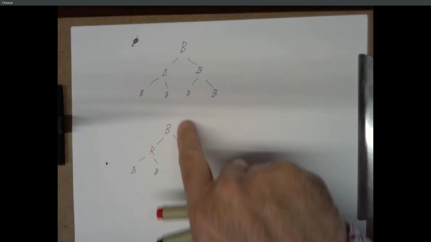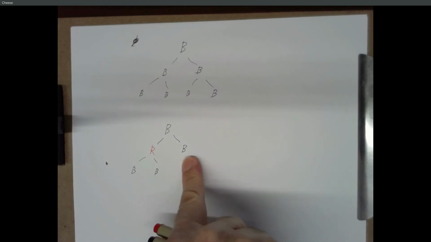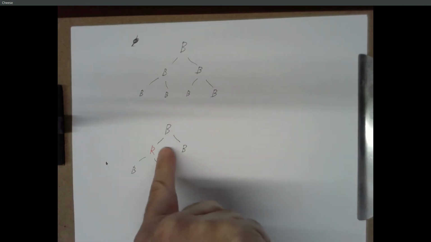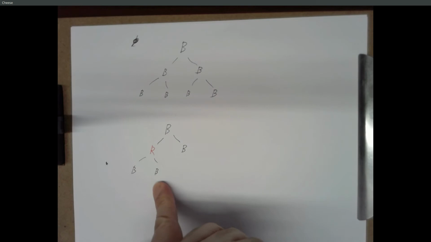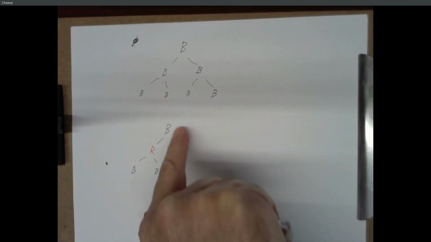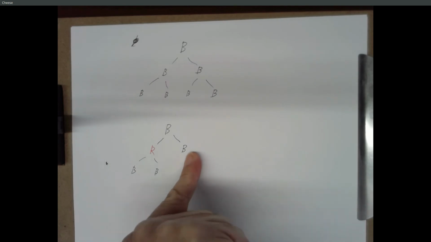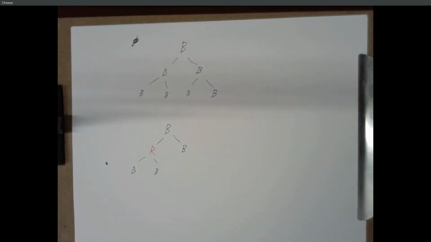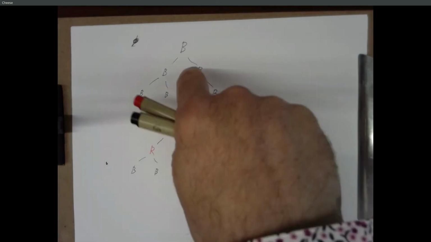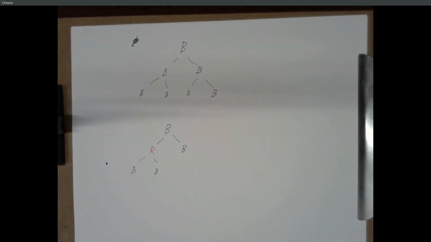So every node is red or black, the leaves are all black, the root is black, every red node has only black children, and the black depth of each leaf is 1, 2, 1, 2, 1, 2. But it's not perfectly balanced like this tree, right? There's more stuff on the left.